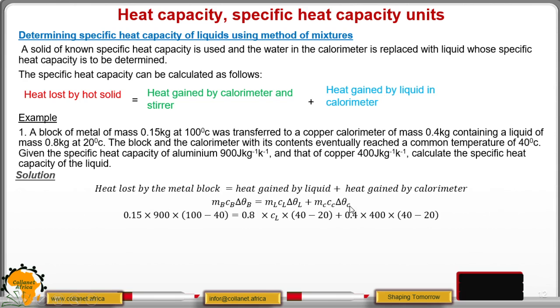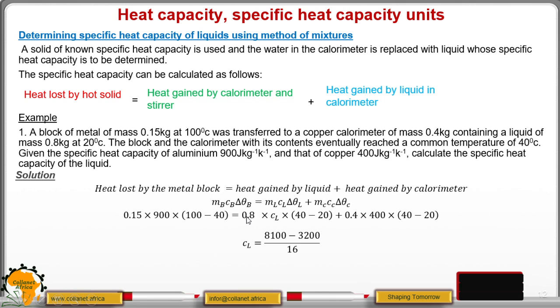Then we come to the calorimeter. The mass of the calorimeter is 0.4. The specific heat capacity is 400 joules per kilogram per Kelvin, and the change in temperature is from 20 degrees to 40 degrees. That is 40 minus 20. So after multiplying these values, you will have 8100 for this part. Then you subtract this part, which will give you 3200.